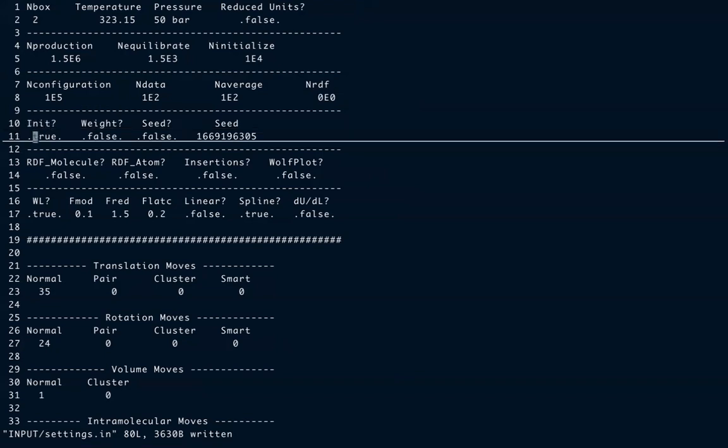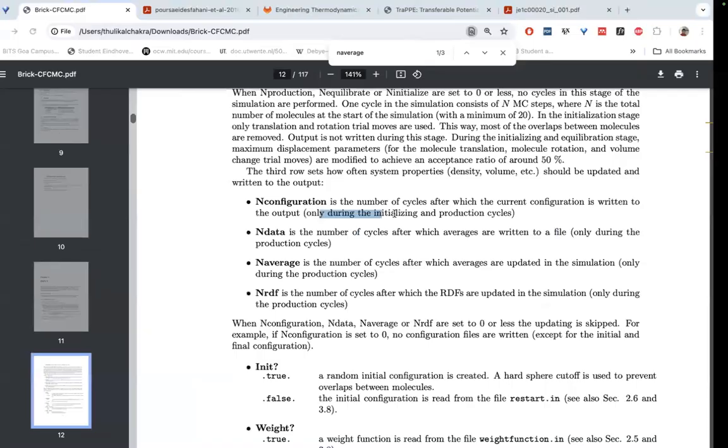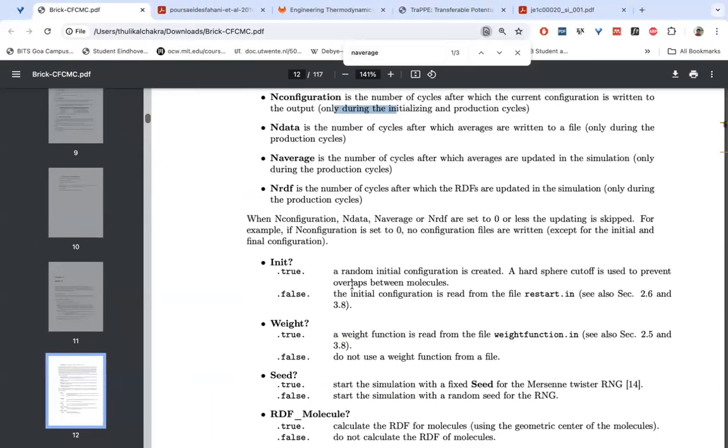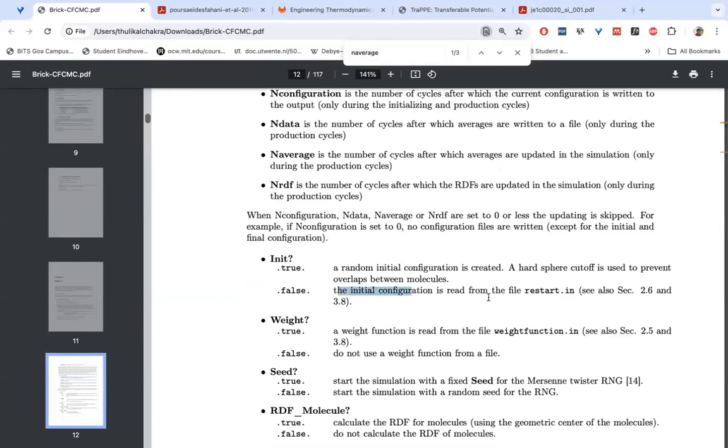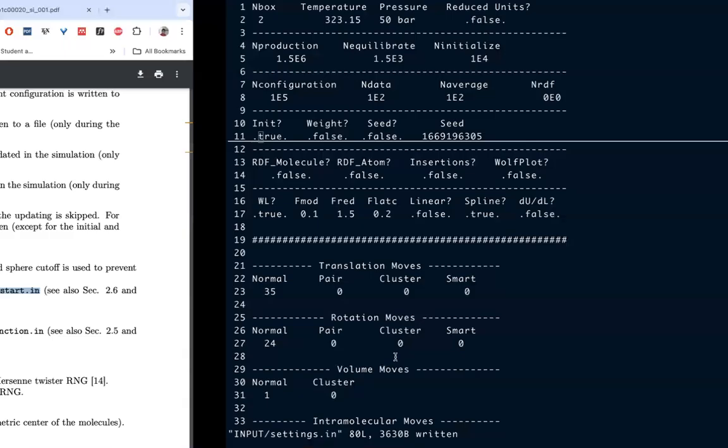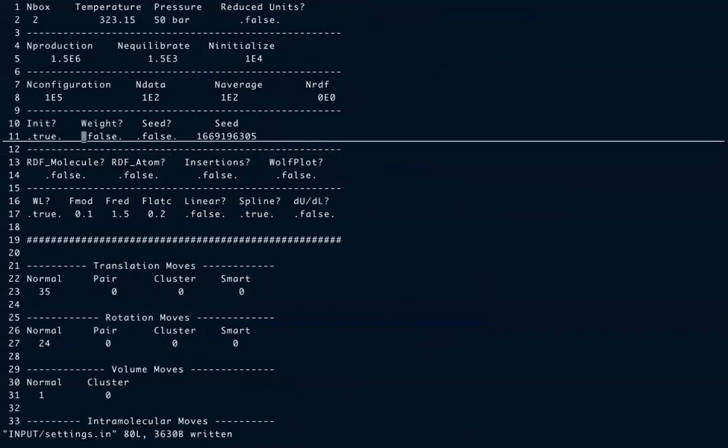Here, init is set to true, which means that I start with a random configuration, but it is also possible to start with an initial configuration that can be read from a file. So, for example, if you say false, you need to provide a restart.in file in the input. Now, you can also start with a weight function instead of building the weight function from scratch.